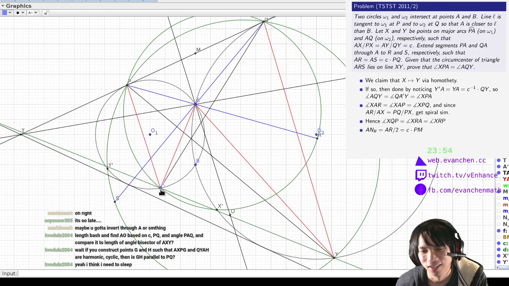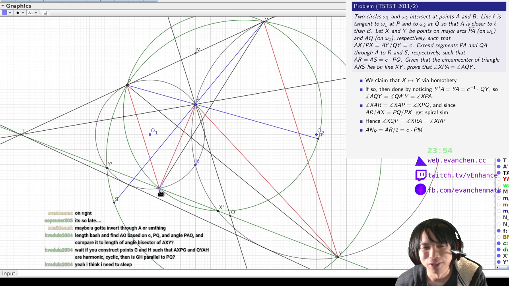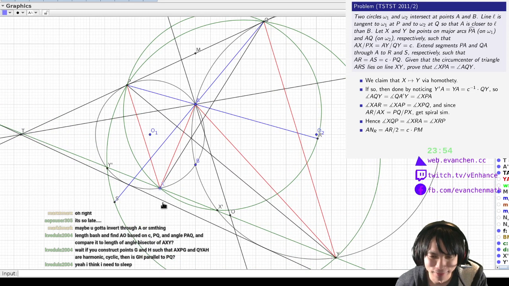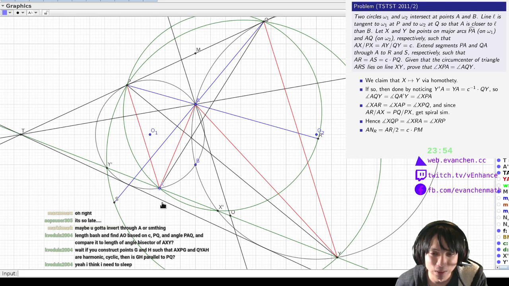I think I need to sleep. I mean, it might be true. I just don't know where you got that from. I don't see anything that feels obviously projective.